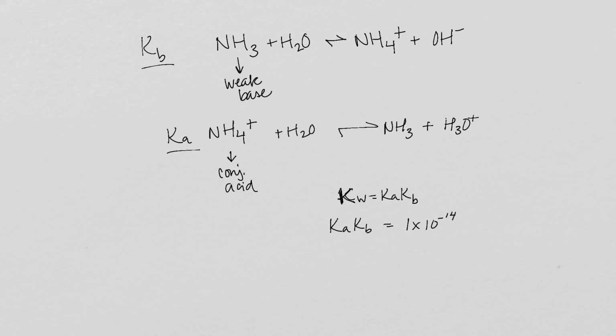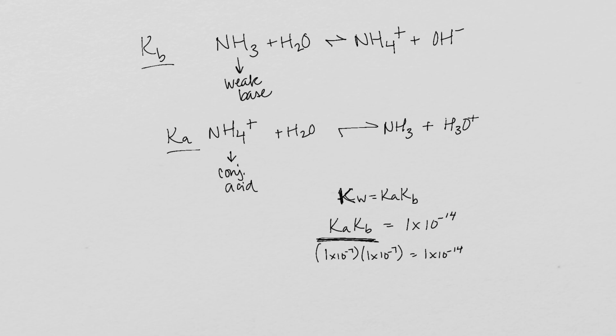So the Ka and the Kb just have to be a conjugate acid-base pair. It doesn't have to be water. Now, the Ka for water, for the hydronium and hydroxide, both happen to be 1 times 10 to the minus 7th. And when you multiply that together, you get 1 times 10 to the minus 14th.